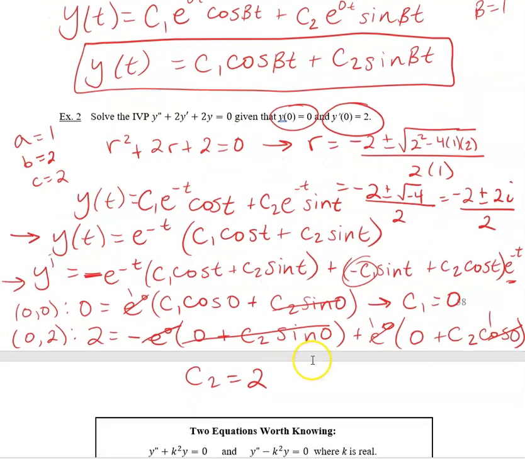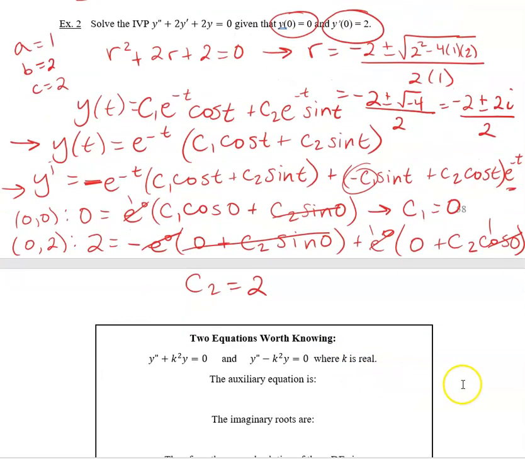All right, so then what does my particular solution look like? My initial value problem is the particular solution using this initial value information that they gave us. So it's going to be y of t is equal to C1, which was 0, so that entire, here, let me highlight what I'm working with. I'm working with this equation right here.